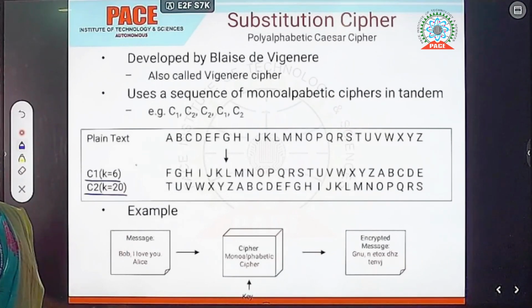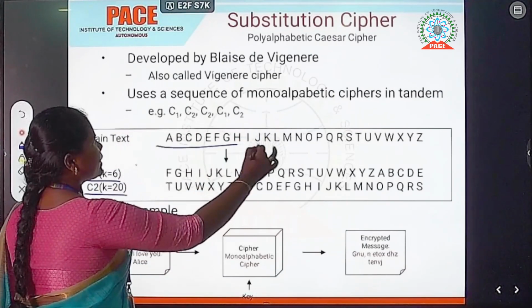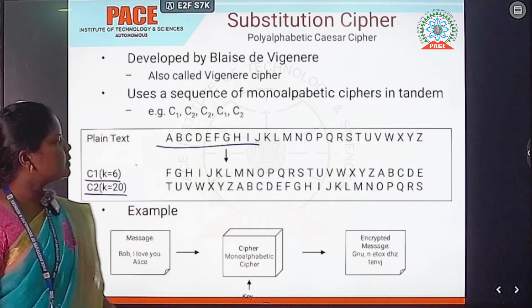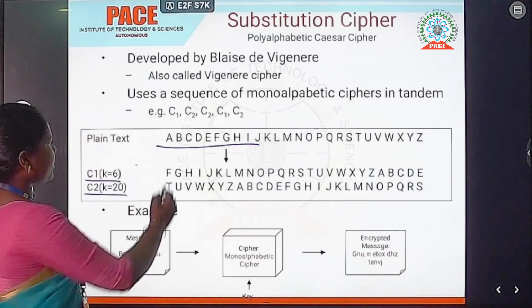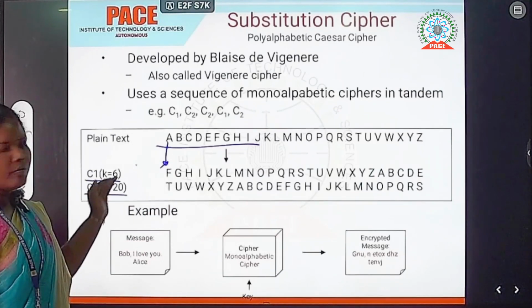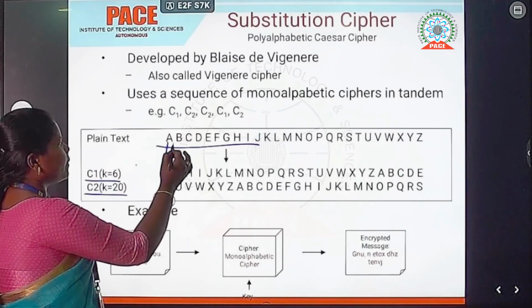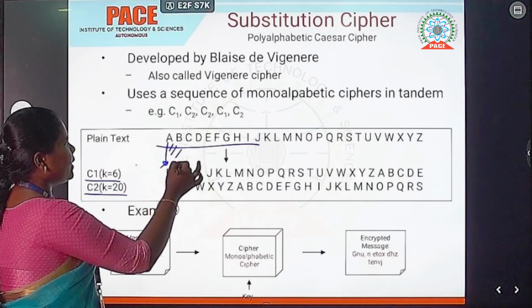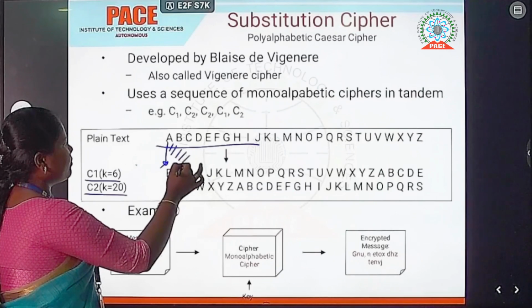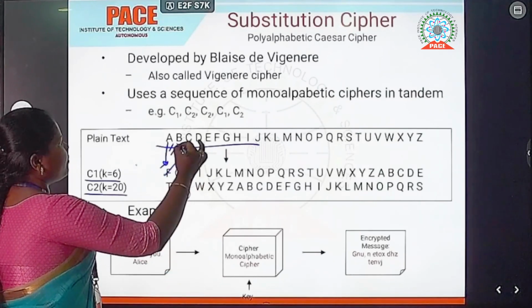This is the plain text, A to Z alphabets. For A, in the C1 key, we add 6 letters. For example, A, B, C, D, E, F. The sixth one is F. From the B, the sixth letter is G.